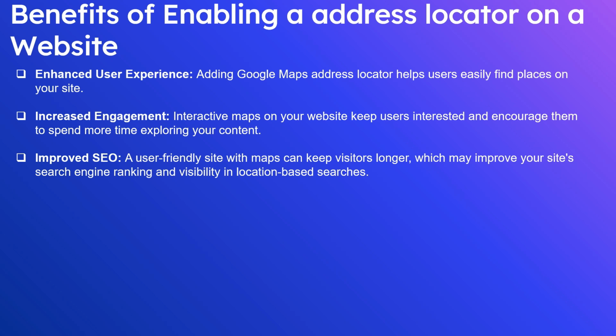Interactive maps on your website keep users interested and encourage them to spend more time on your website. Improved SEO. A user-friendly site with maps can keep visitors longer, which in turn improves your site's search engine ranking and visibility in location-based searches.